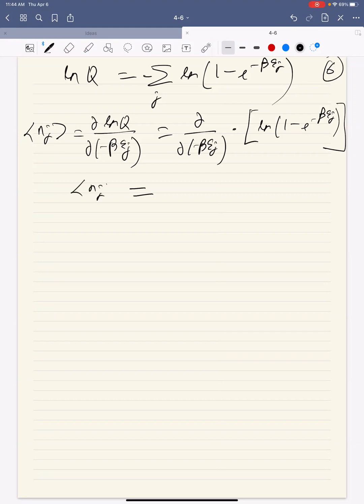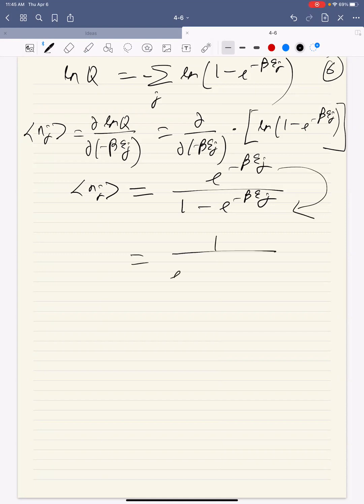So average nj is equal to the derivative of log of x, which is 1 over x. So this is 1 minus e to the power minus beta epsilon j. And then you have the derivative of x, so simply e to the power minus beta epsilon j. Or if we divide by this thing in the denominator, this becomes 1 over e to the power beta epsilon j minus 1. Or average nj is equal to e to the power beta epsilon j minus 1, to the power minus 1.